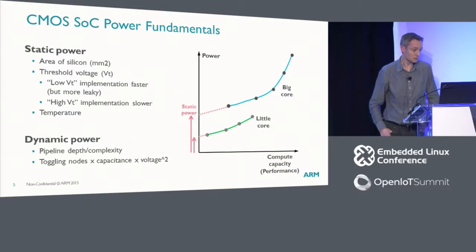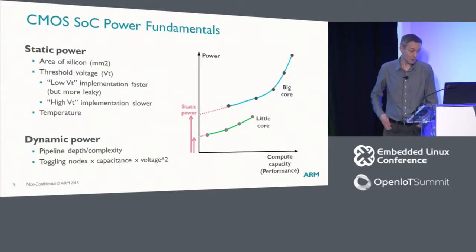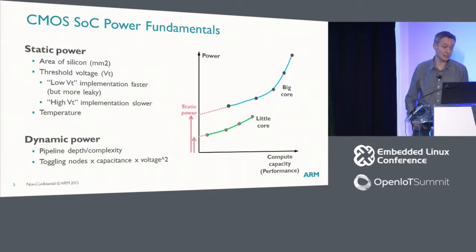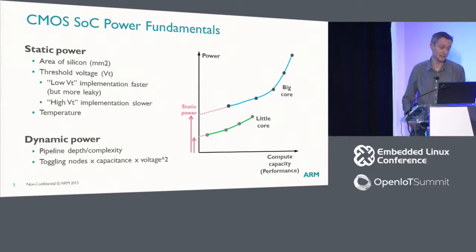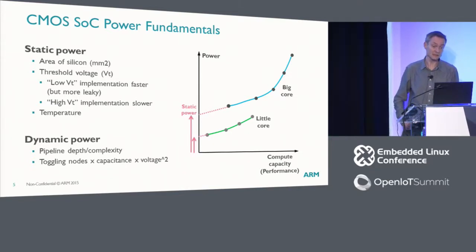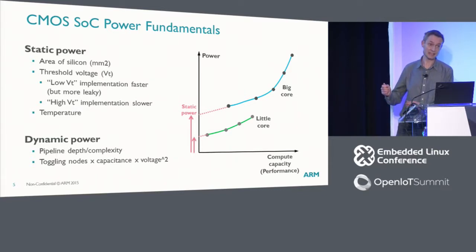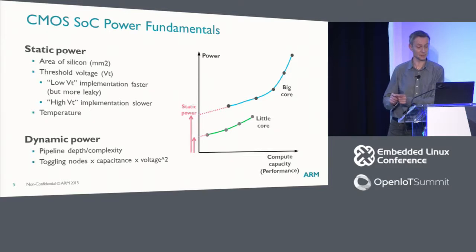Okay, so just a quick piece of hardware background for you guys. CMOS for dummies. Typically CMOS has a standard set of behaviors regarding power. Static power is like your leakage, and that depends on the area of the silicon, the area of each IP block, and on the threshold voltage, which is one of the implementation decisions when you implement an SoC.